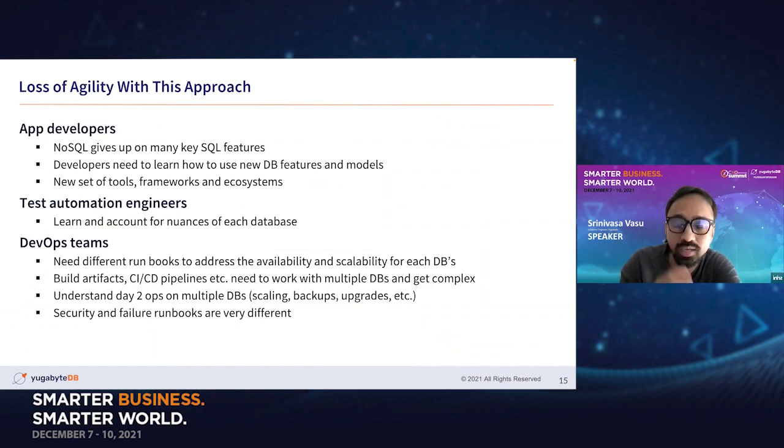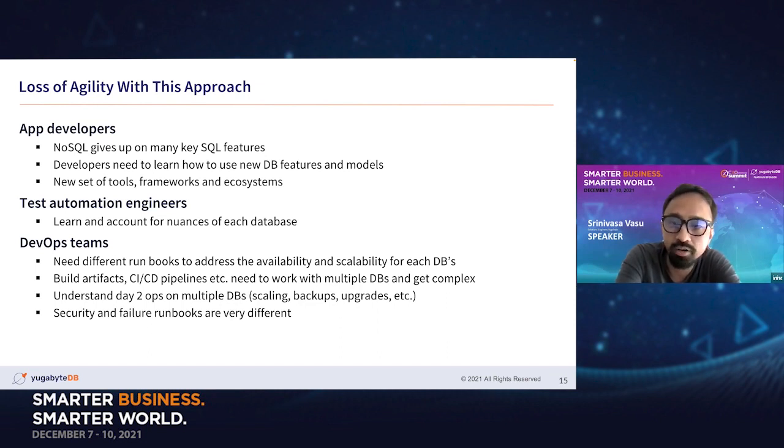If you try to understand the complexity that devs and ops in different personas of the organization have to go through in order to manage these different discrete services, it is immense, right? Developers have to learn two different sets of APIs. If it's SQL, then they would know SQL-based APIs. If it's NoSQL, they have to unlearn and learn NoSQL specific APIs and the way you interact with NoSQL services, right?